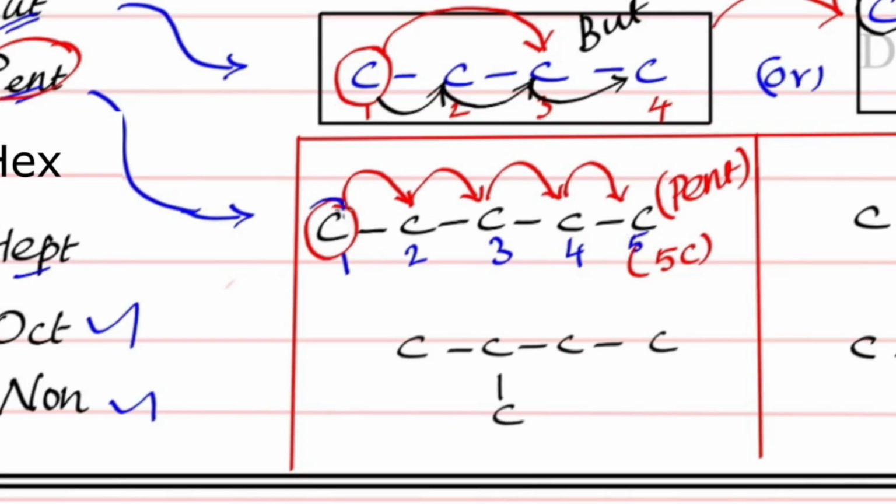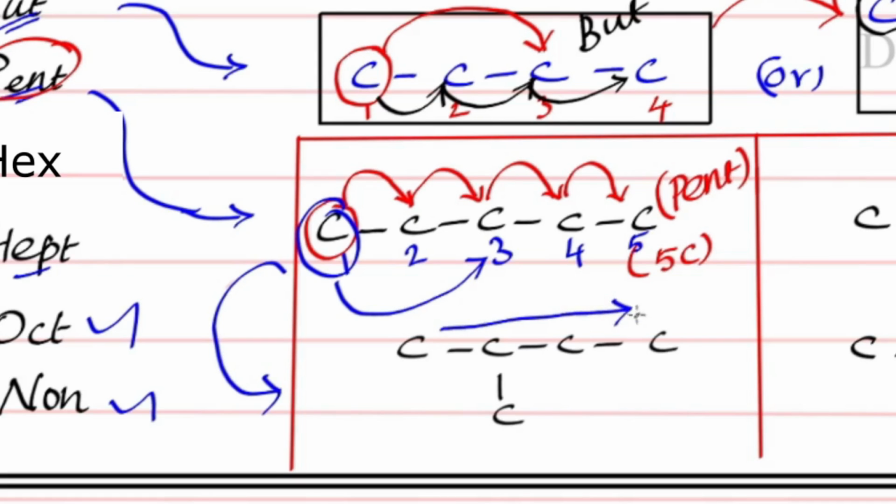If I shift the first carbon to the third carbon, we get the second structure. Here there are 3 ways to count the carbon chain. Way 1 is a linear manner, so here 4 carbons are present.